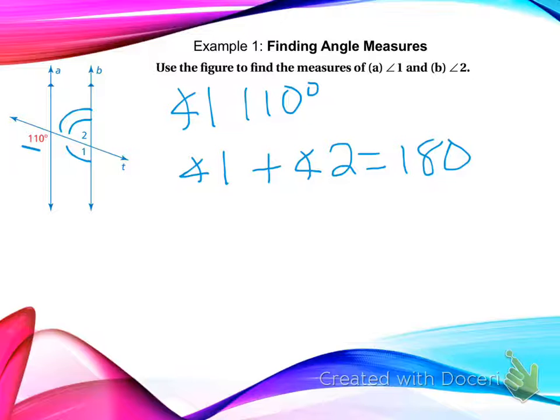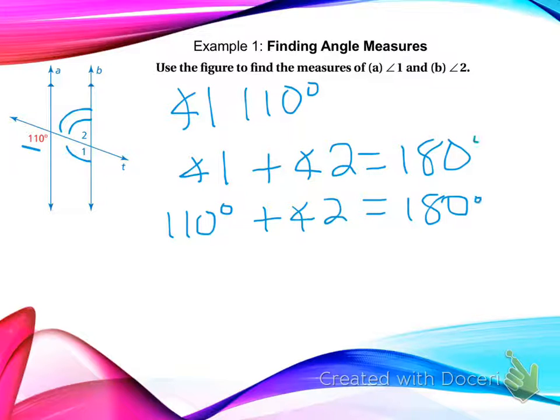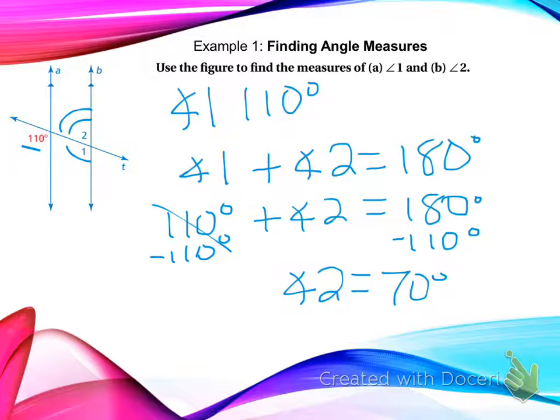We already know that angle 1 is 110 degrees. We don't know what angle 2 is, but we know that it equals 180 degrees. So all we have to do is subtract that 110 degrees from both sides of our equation, and we get that the measure of angle 2 is 70 degrees. So angle 1 is 110 degrees, angle 2 is 70 degrees.